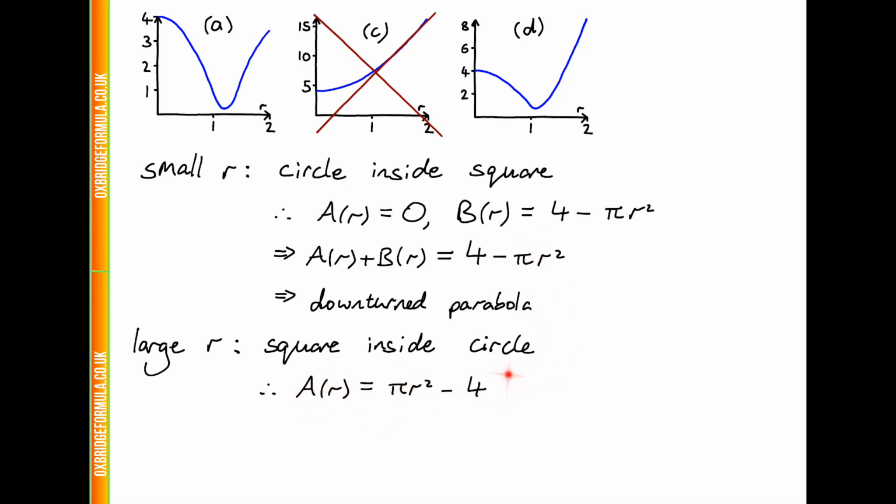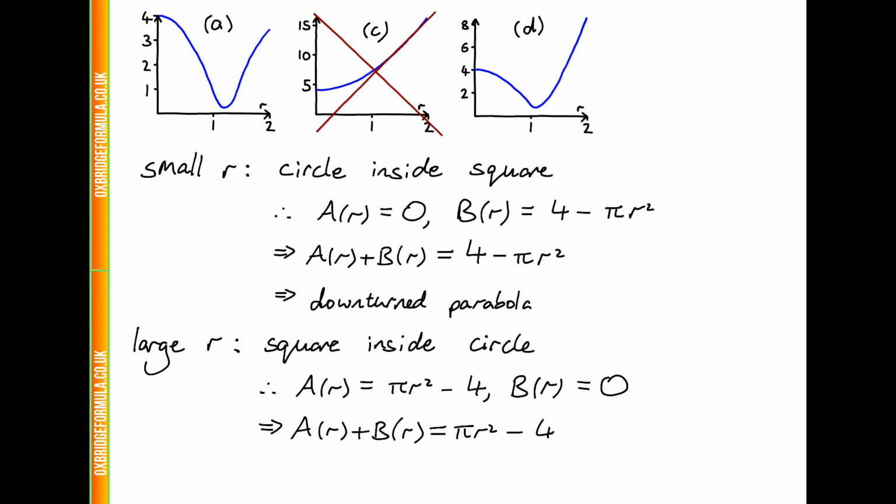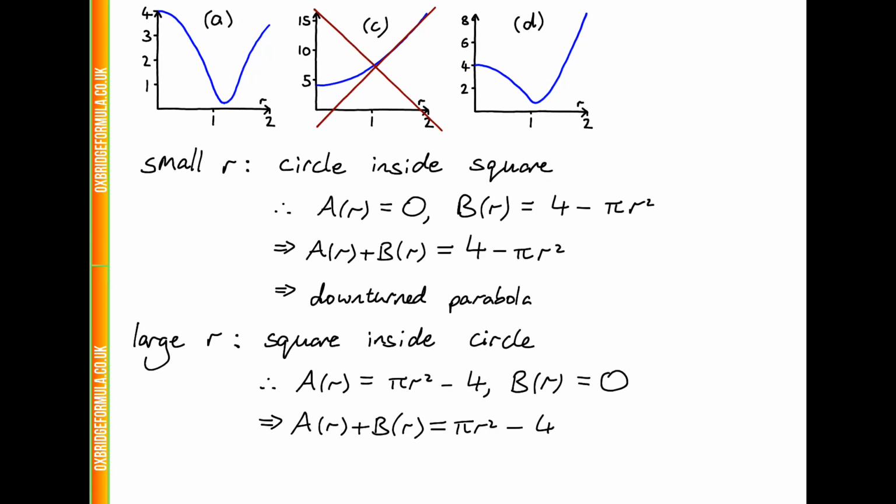And B of r is the area inside the square but outside the circle. That will just be equal to 0 because this region will be non-existent. So in that case, A of r plus B of r is equal to pi r squared minus 4. Which is another quadratic expression, but this time it will give us an upturned parabola, and this is the behaviour which we expect to see for large values of r.